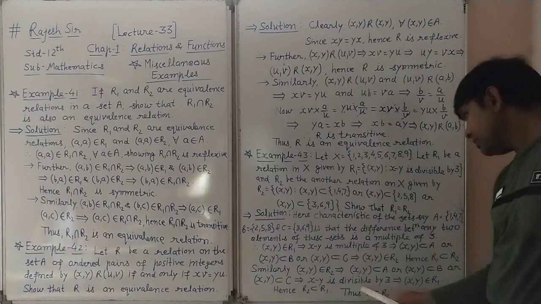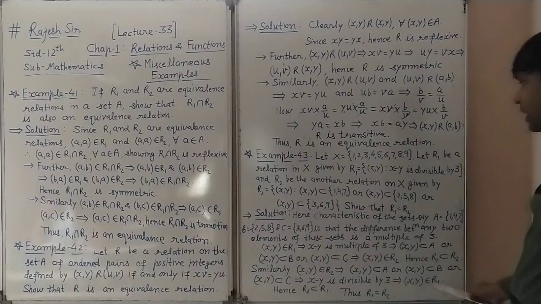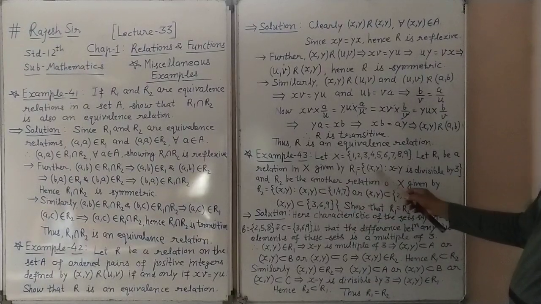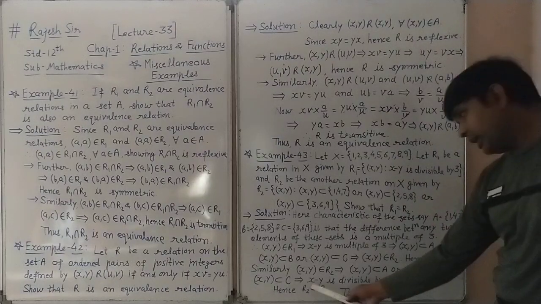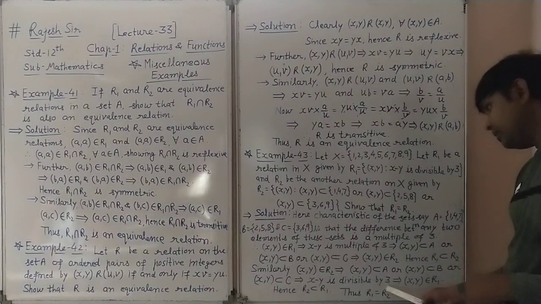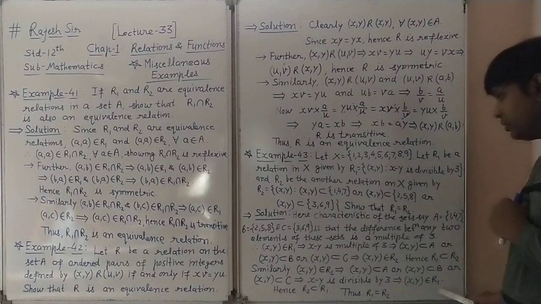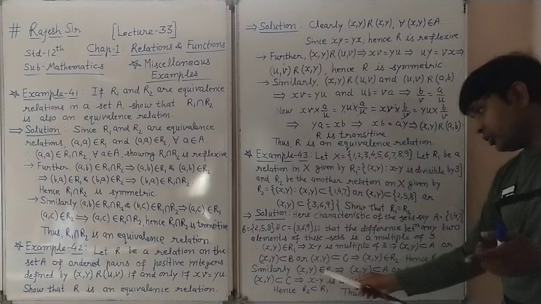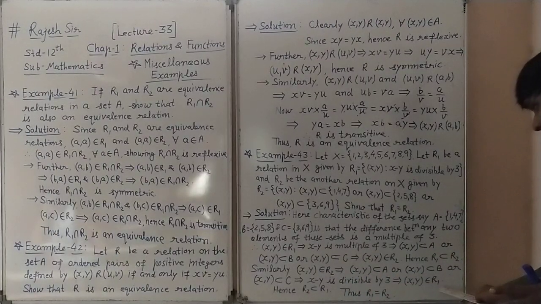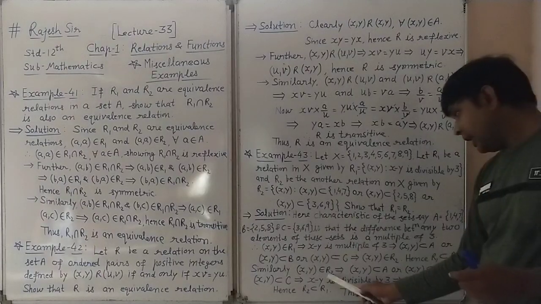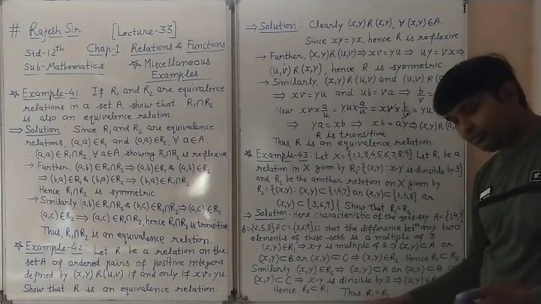And if x minus y is divisible by 3, we can say that (x, y) belongs to R1, because in R1, x minus y is divisible by 3. So we started with (x, y) in R2, and simplifying we get that (x, y) also belongs to R1. Hence R2 is a subset of R1.